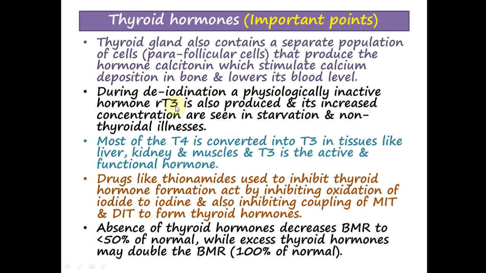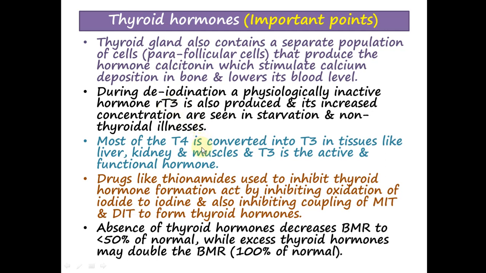However, in certain conditions like starvation and diseases that occur outside the thyroid gland, known as non-thyroidal illnesses, the reverse T3 concentration is increased. Clinically we measure it in non-thyroidal illnesses, and it may give us valuable information.